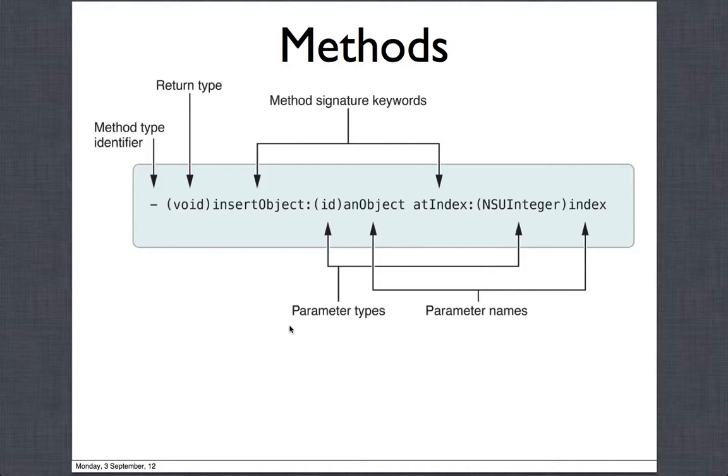So this is how you declare a method. And these are the parts we have. The first is the method type identifier. It could be a minus or a plus. A minus would be an instance method, meaning this method is called upon an object, an instance of a class.